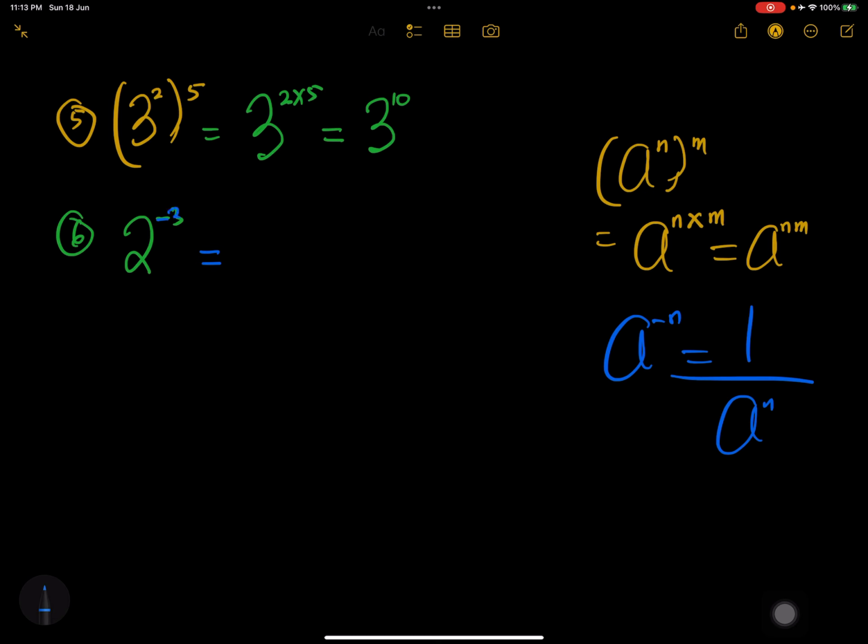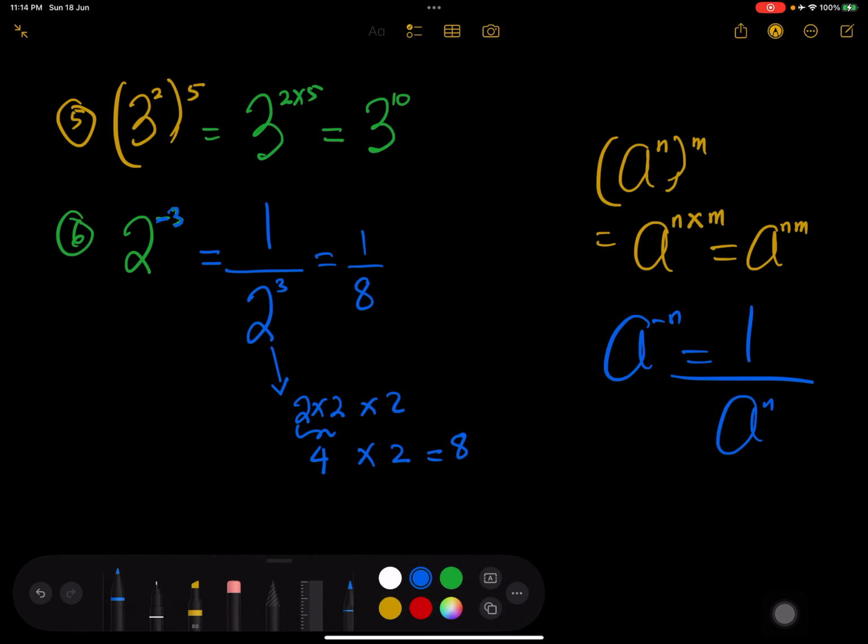Because there's a negative number on top here, we write 1 in the numerator, and then in the denominator, we just write 2 to the exponent of 3 without the negative sign, and that gives us 1 divided by 8, because this is the same as 2 times 2 times 2. 2 times 2 is 4 multiplied by the 2, and that gives us 8. Is that not incredible? I think it is.